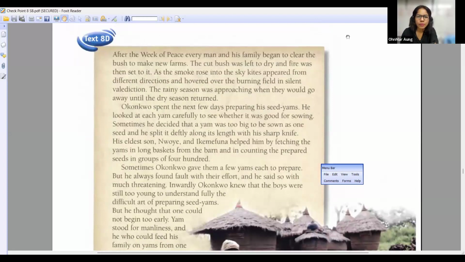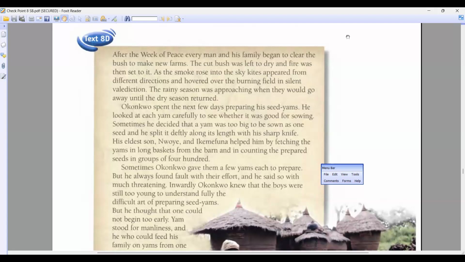In the next paragraph, where do they start? When the soil becomes moistened, they start growing and they start their plantation. So it means that only in the rainy season they do it, not in the dry season.